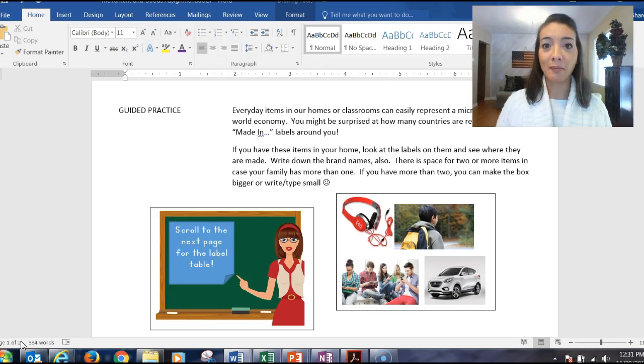We are now in the middle of the first page next to guided practice. And here it reads, everyday items in our homes or classrooms can easily represent a microcosm of the world economy. So if the word microcosm is new to you, let's take a second and talk about it. Oftentimes we can break down bigger words to understand their meaning.